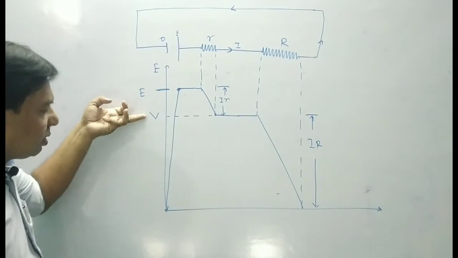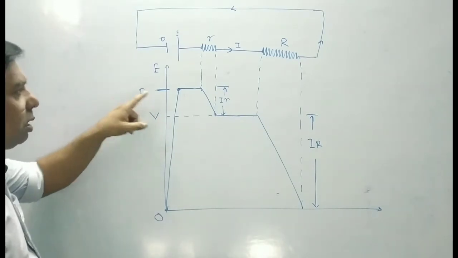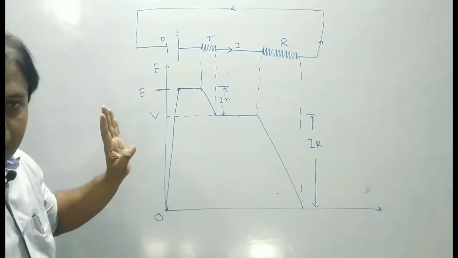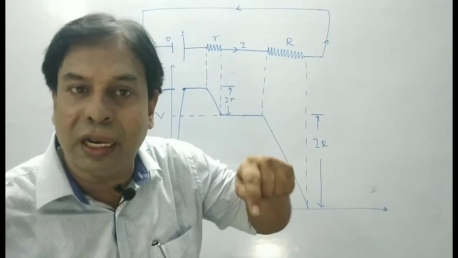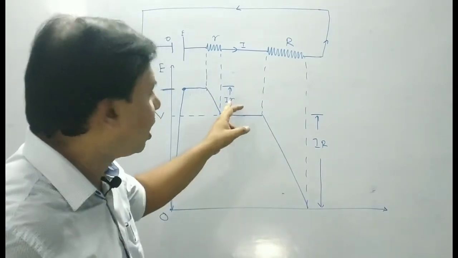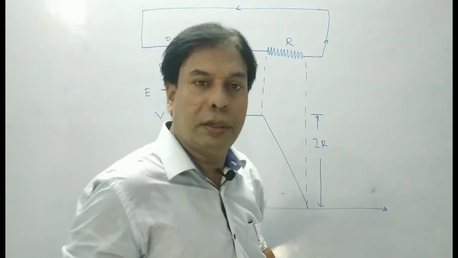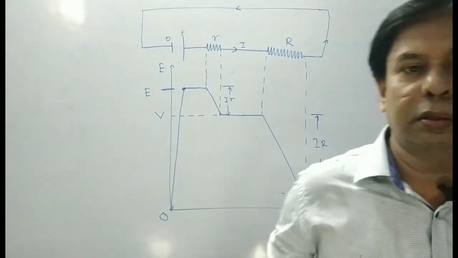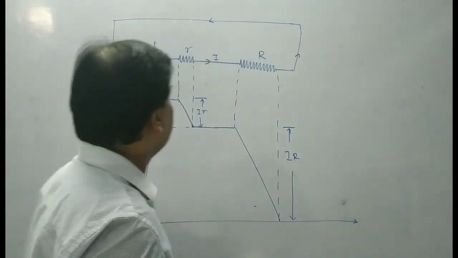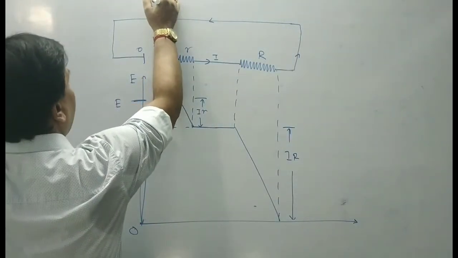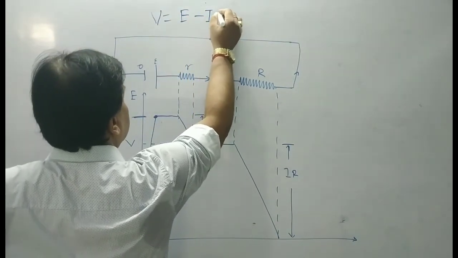This potential difference is E minus Ir. This Ir potential loss is inside the cell. I have told you small r is the internal resistance of the cell. Therefore we can write V is equal to E minus Ir.